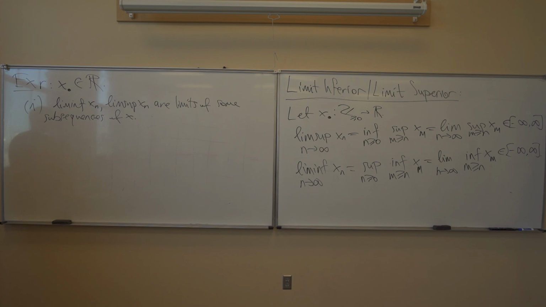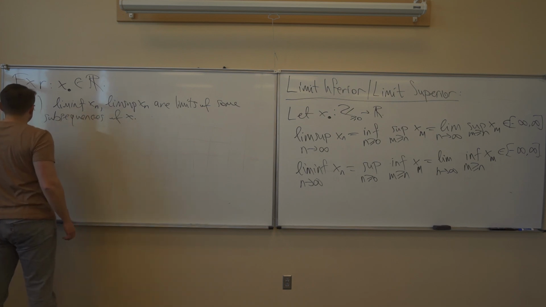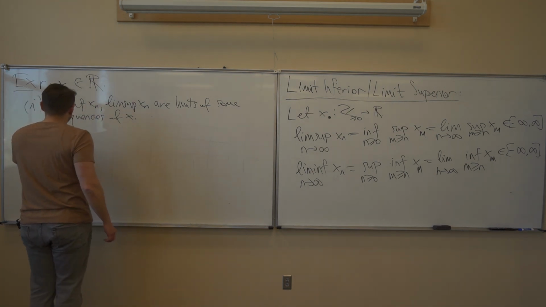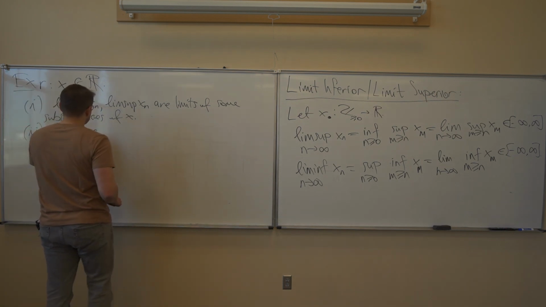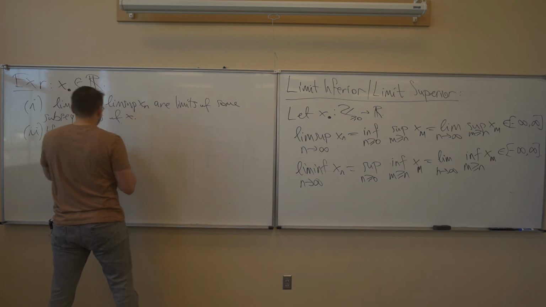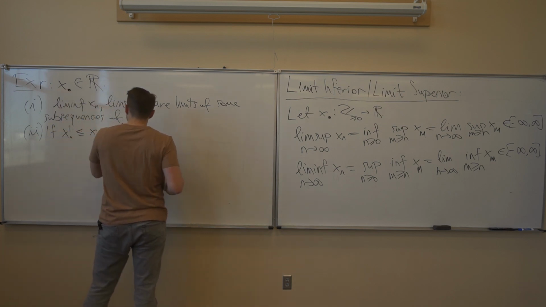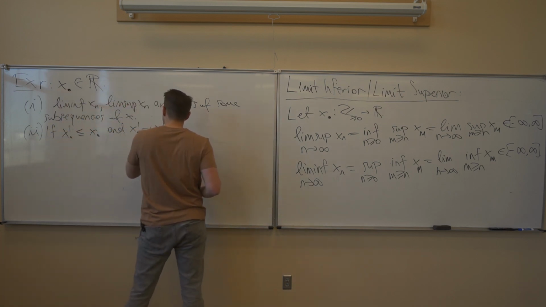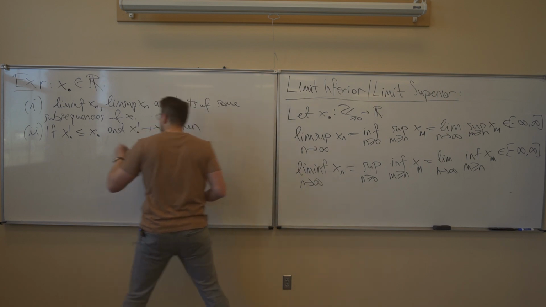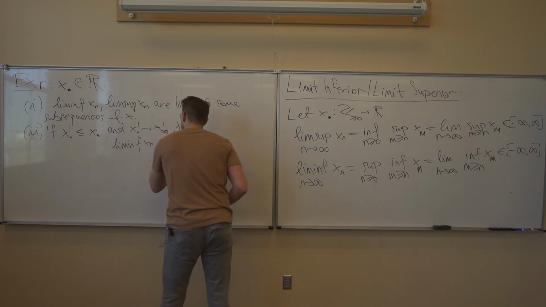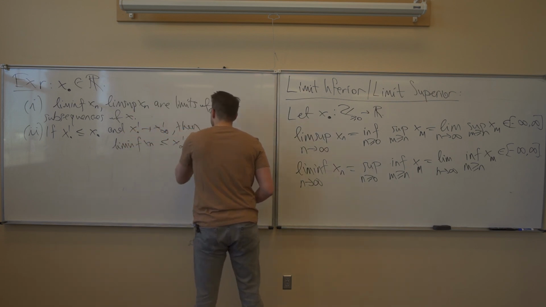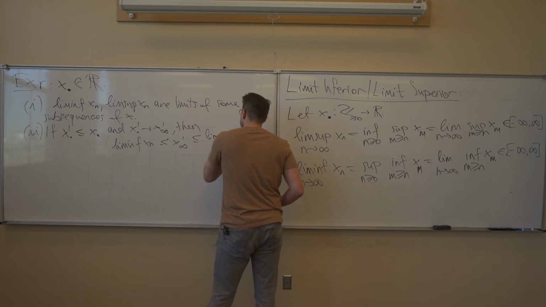Second, any subsequential limit, so limit of some subsequence of x bullet, is in between these two. If x prime bullet is a subsequence, and x prime bullet, let's say, converges to x prime infinity, then liminf is a lower bound for this limit, and limsup is an upper bound.